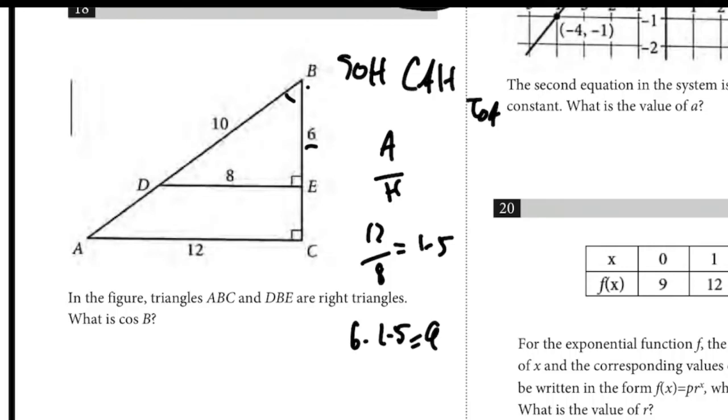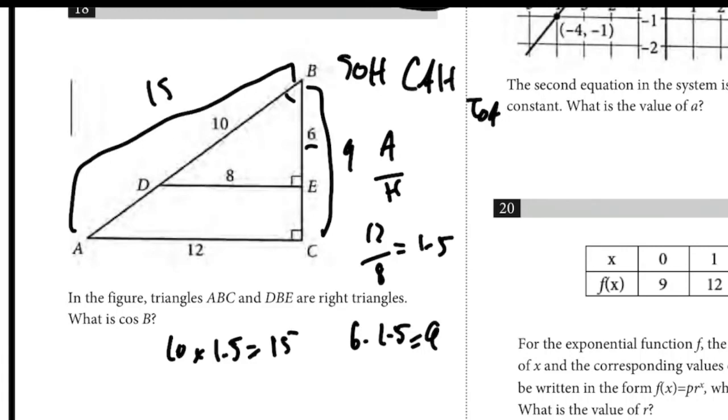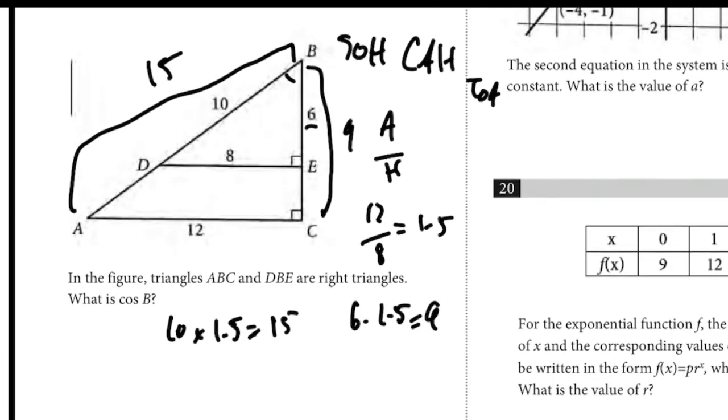So we have BC is equal to 9, and we're going to do 10 multiplied by the scale factor of 1.5. We're going to get 15. So that means AB is 15, right? And cos B is 9 over 15, right? And that can be simplified into 3 over 5, right? Divide each by 3. And the answer will be 3 over 5 right here.